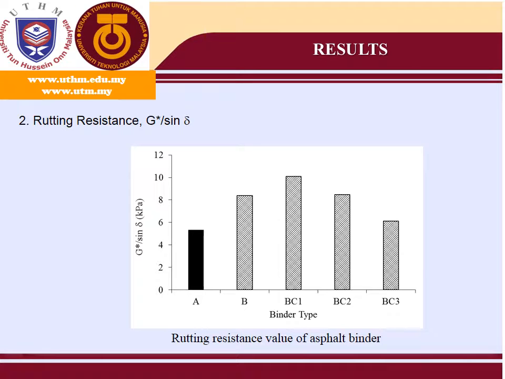With the addition of 2% chemical additive, the rutting resistance reduced to 8.46 kPa, and at 3%, the rutting resistance was reported as 6.12 kPa.